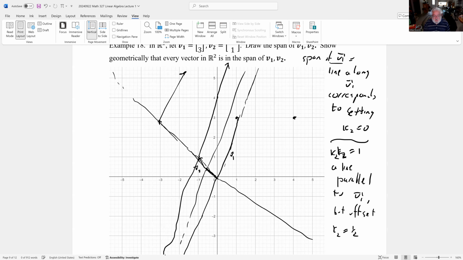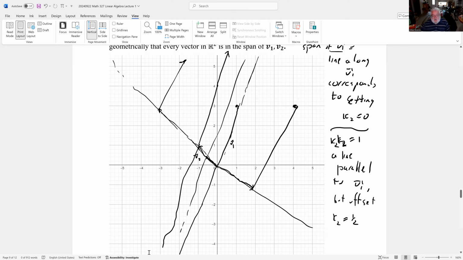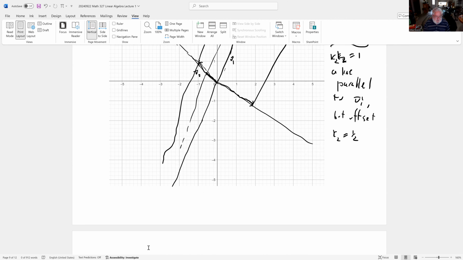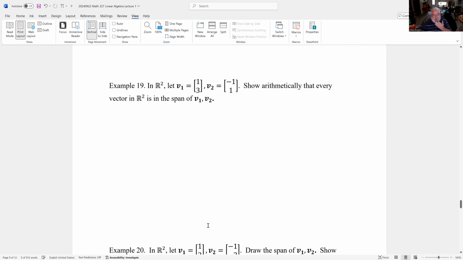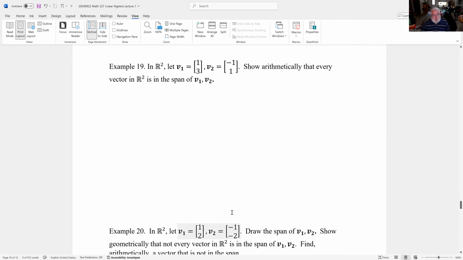If you pick a point like this, I can go a certain distance out along V2, and then I can go parallel to V1 and end up there. So the span of V1 and V2 is the entire XY plane, right? And so that's a nice geometric argument.